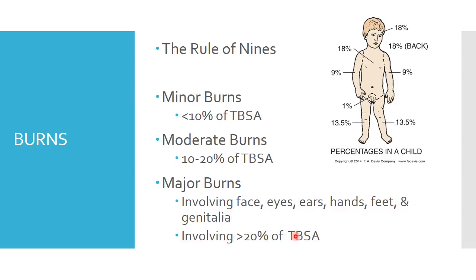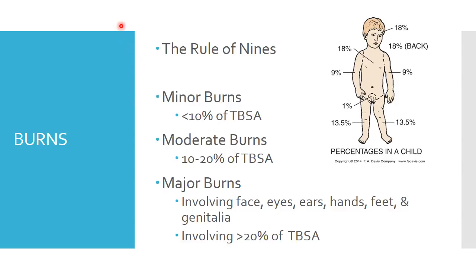But if it's a major burn, which is greater than 20% of your TBSA, or if it involves the face or the eyes or the ears or the hands or the feet and genitalia, doesn't necessarily have to be all together, that's considered a major burn because it's so close to the airways and critical areas of the body.